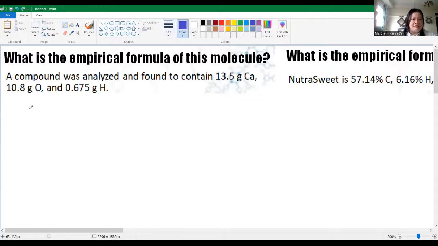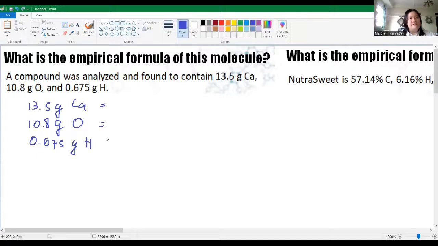I will list it: 13.5 gram calcium, 10.8 gram oxygen, and 0.675 gram hydrogen. And then we need to make it into moles. Because these are atoms, we need to divide by the Ar.